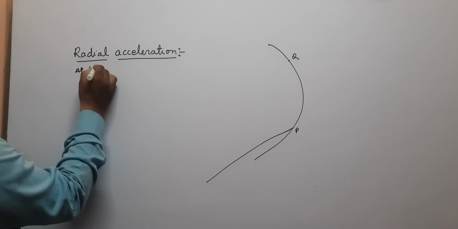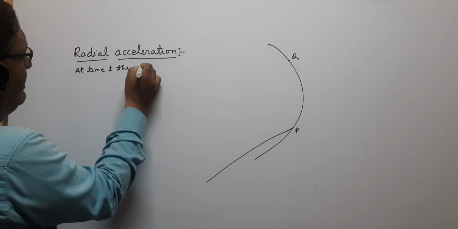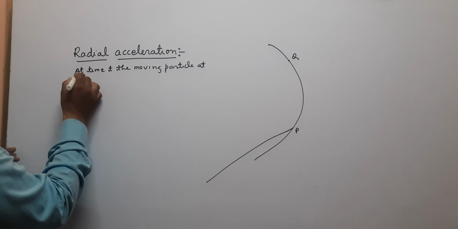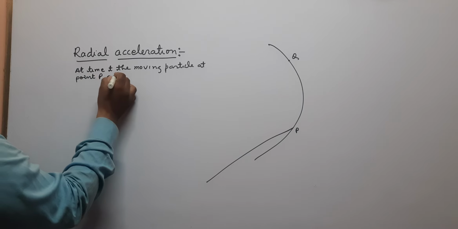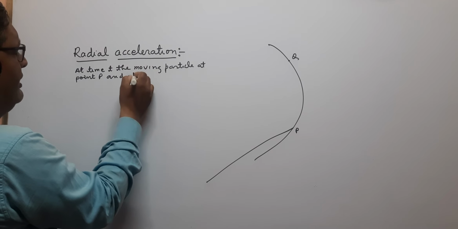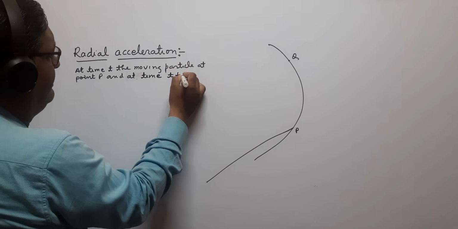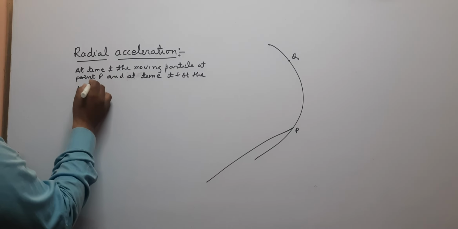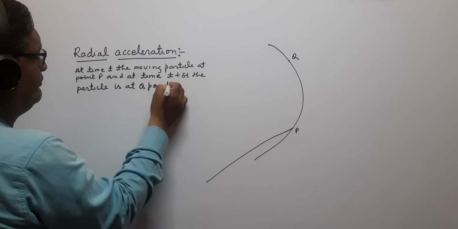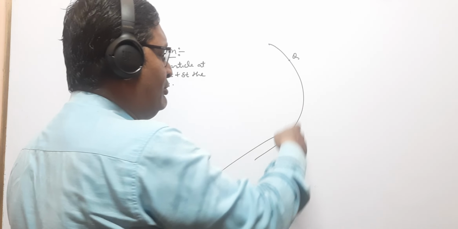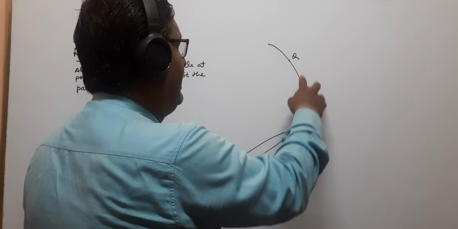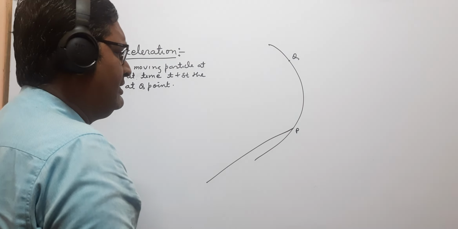At time t, the particle is at point P, and at time t plus del t, the particle is at point Q.